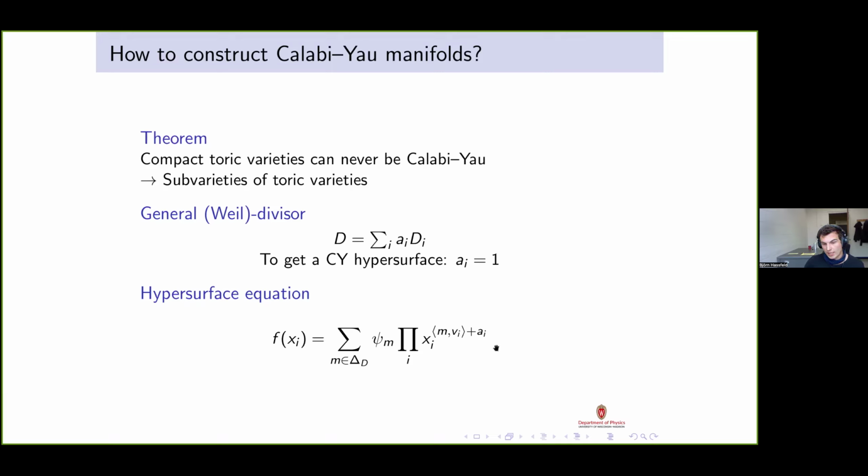There's a systematic way to understand how many monomials contribute to the polynomial and what the coefficients are in each of these monomials. Each monomial comes with a parameter, and these parameters parameterize the family of Calabi-Yaus, the complex structure moduli of our Calabi-Yau.